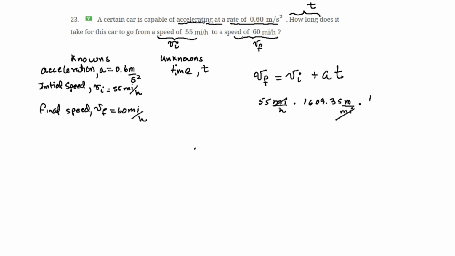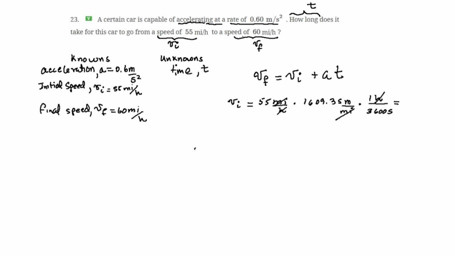So I say 1 hour has 3,600 seconds. Like that, I can cancel the hours out. So I will multiply 55 times 1,609, and I will divide that number by 3,600. And like that, my initial speed, v sub i, will be in meters per second.